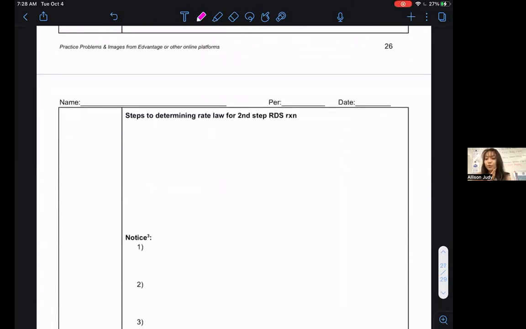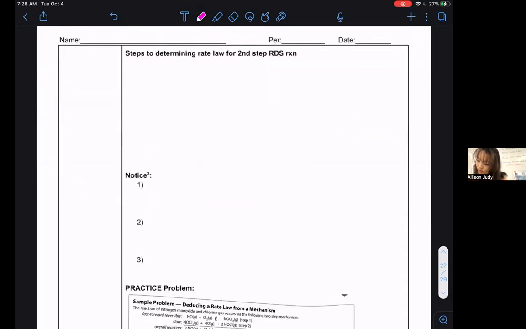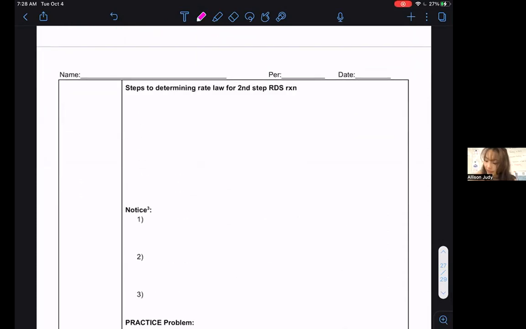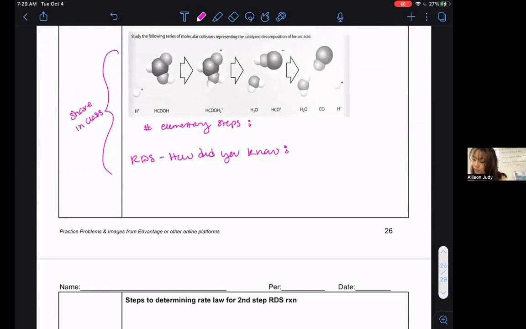So how do we determine the rate law for a rate determining step? Well, first and foremost, let me collect my thoughts and make sure I'm clear on this. We're actually going to use the reaction above as our example.